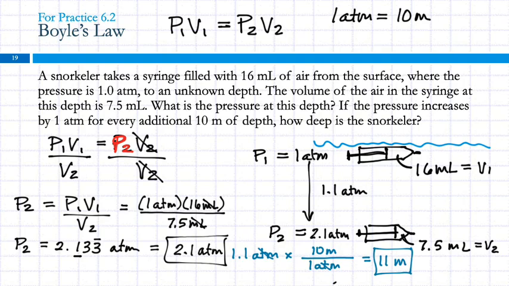And so the difference in pressure is 2.133 repeating minus 1 atmosphere, which is 1.133 repeating atmospheres. And then when I put that in here, my answer comes out to be 11.33 meters.